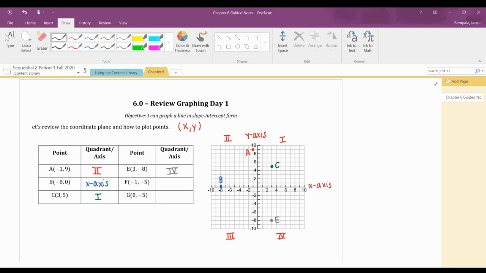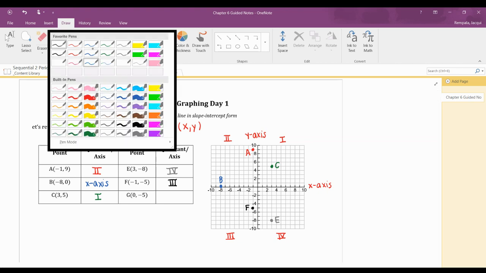If I am looking at point F, -1, -5, that means I want to move 1 over to the left and then down to -5. Point F is not on an axis, it's in a quadrant. Notice that it is located in quadrant 3.